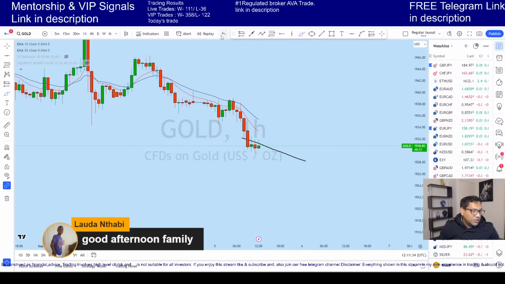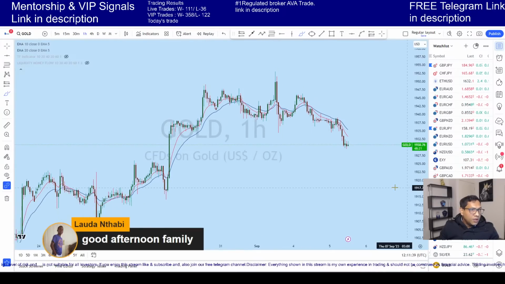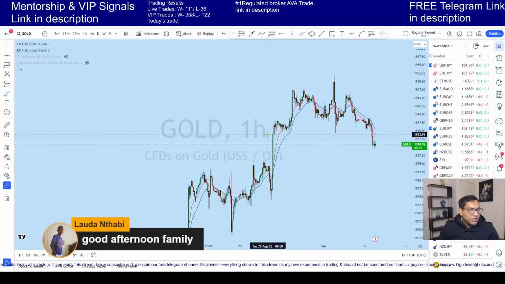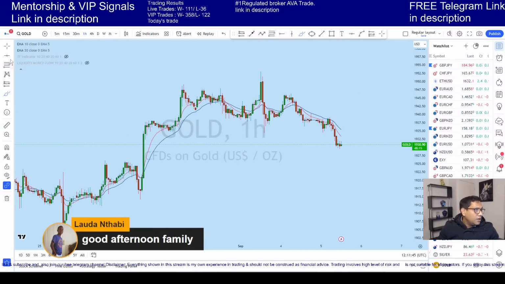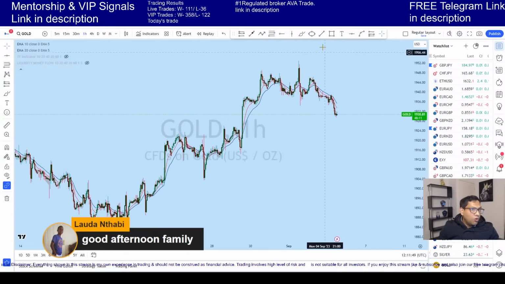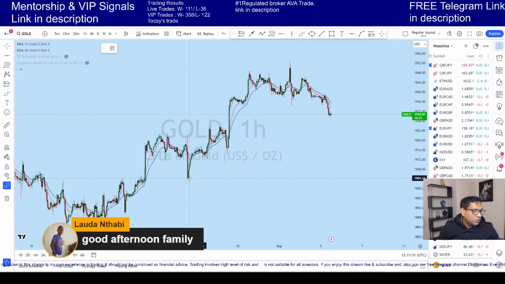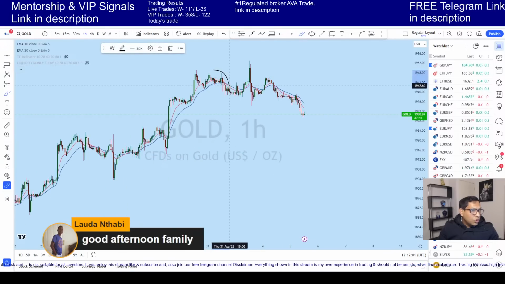There is still a probability for a drop. And interestingly, you see that this price action on the 1 hour chart on gold is quite nicely arranged. Now if you look at the overall picture, in this area we see a very long consolidation and a reversal pattern.